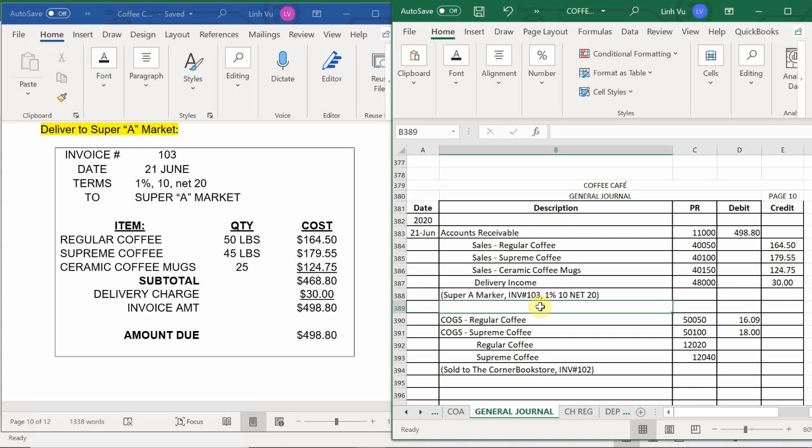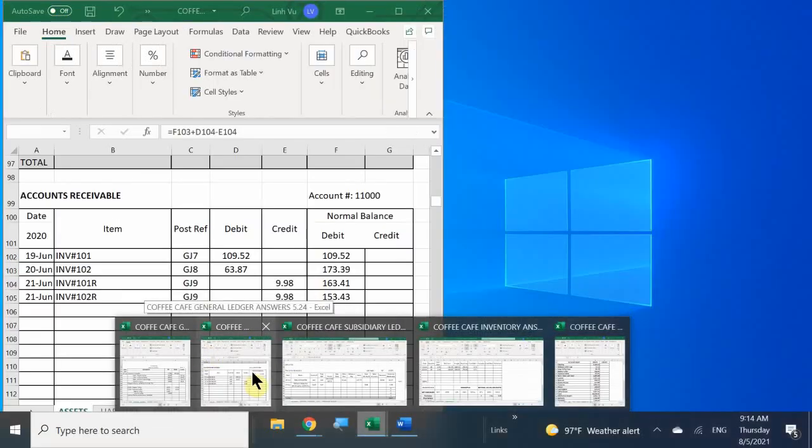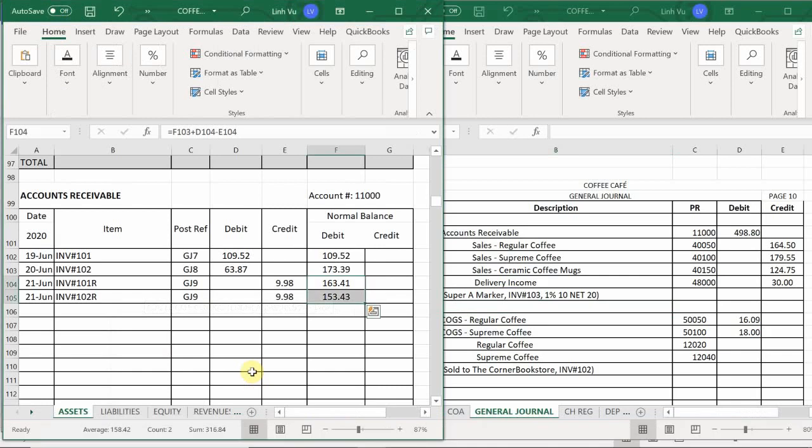Go to our general ledger. Yes, we gotta go to a general ledger. Perfect. We're already here in our accounts receivable account.